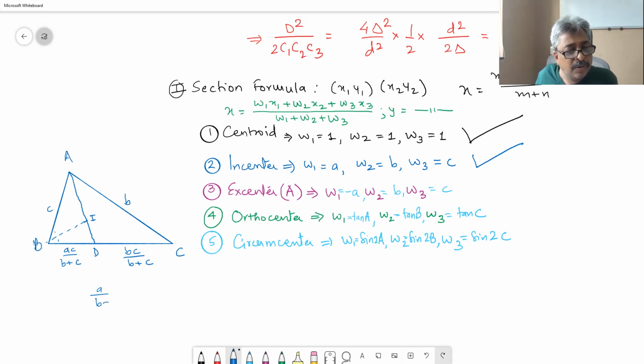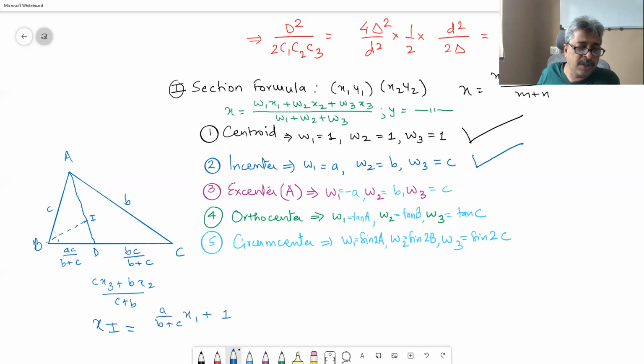Everything is wrong because I have to first calculate what is D. D is in the ratio c is to b. Therefore, (c x3 plus b x2) upon (c plus b), that is D. And therefore the x coordinate of I will be a upon b plus c times x1 plus 1 times this number.